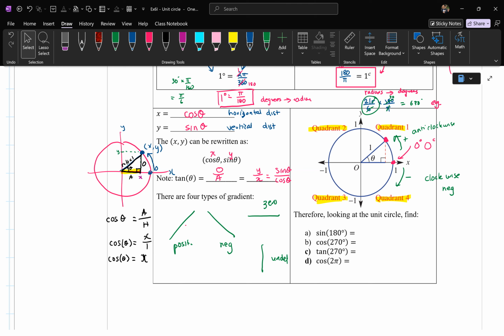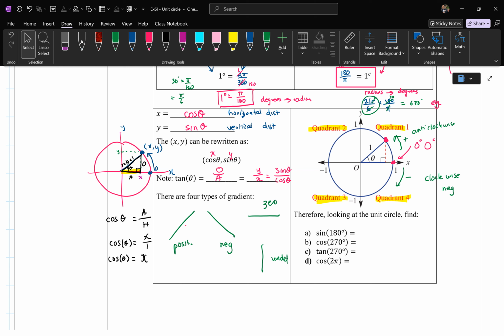All right, questions, Joanne. So you know how it said cos theta equals x over y? How is y 1? No, I said cos theta is adjacent over hypotenuse. Adjacent is this length.